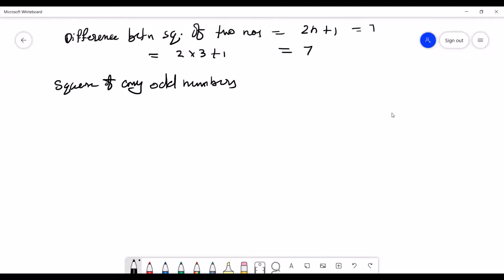Square of any odd number is the sum of two consecutive positive integers.